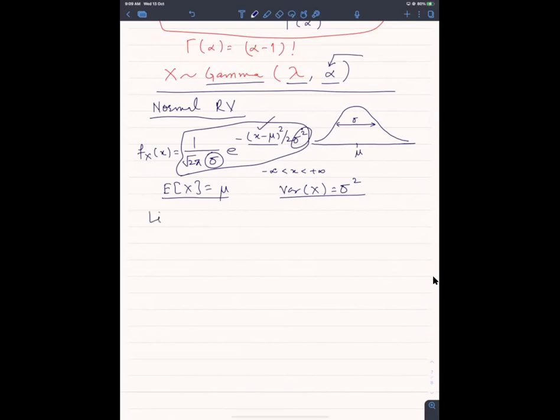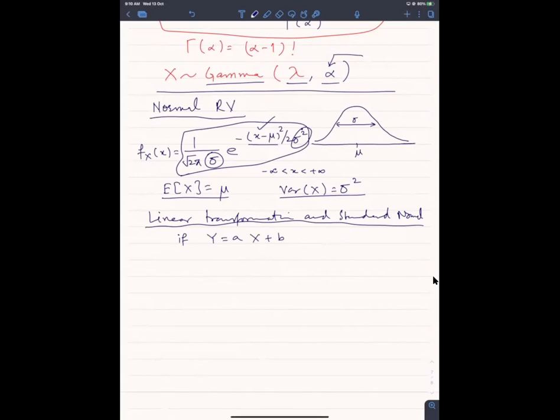Now linear transformation and standard normal. What does that mean? What does linear transformation mean? We saw linear transformation earlier. Ax plus b. This is a linear transformation.